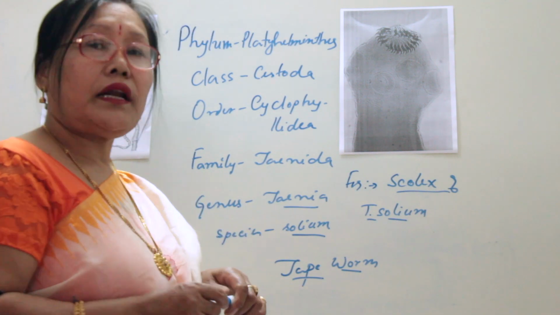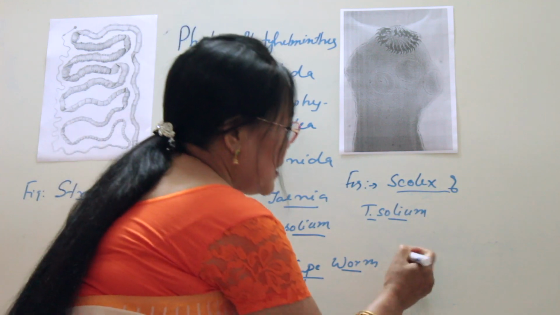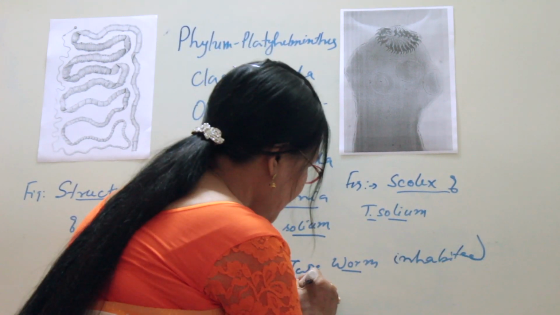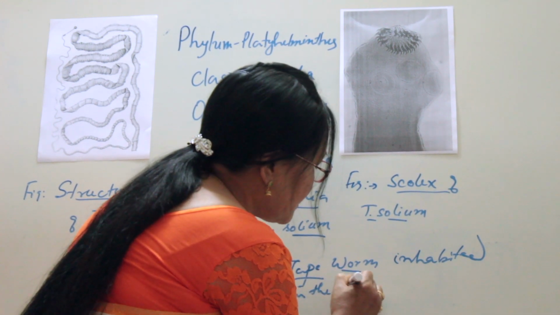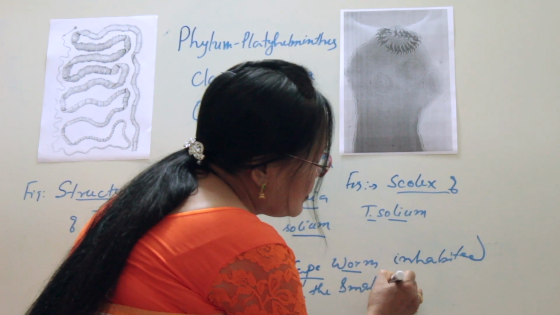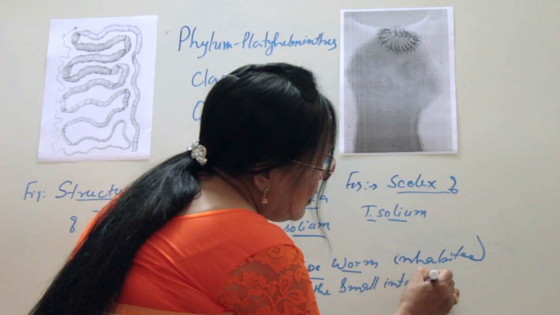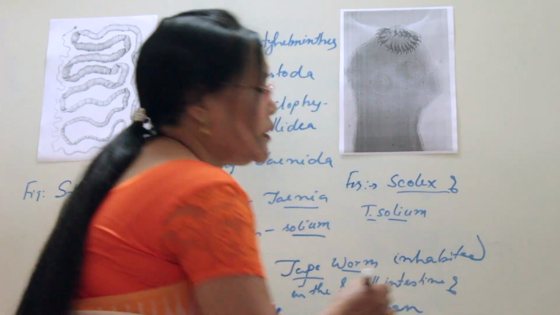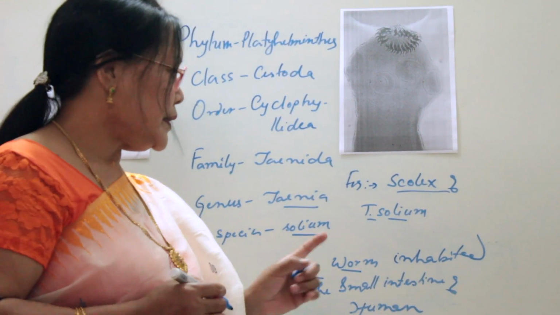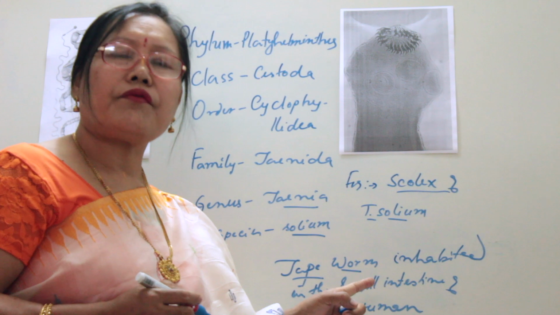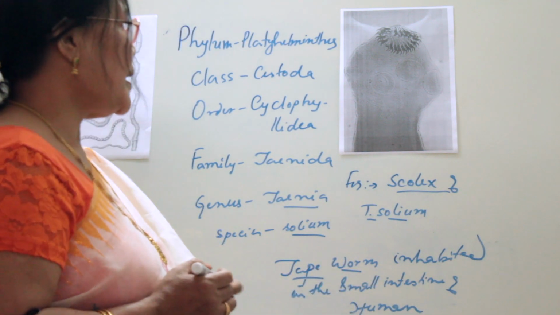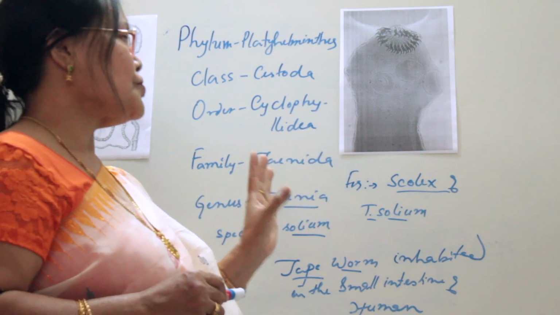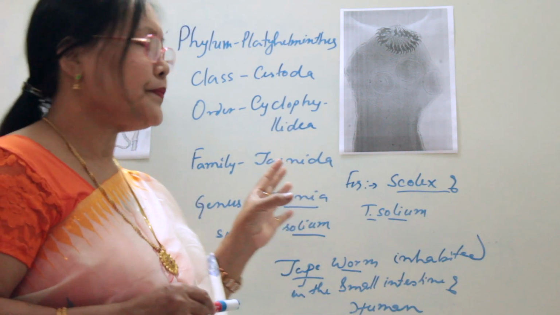Usually, these worms inhabit the small intestine of human beings. And this is all about their scolex, that is the head region.